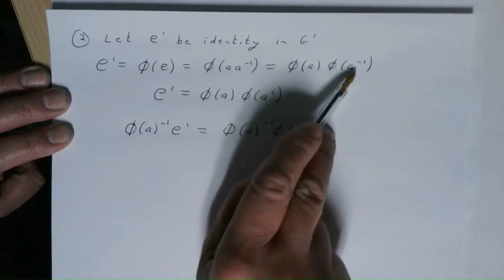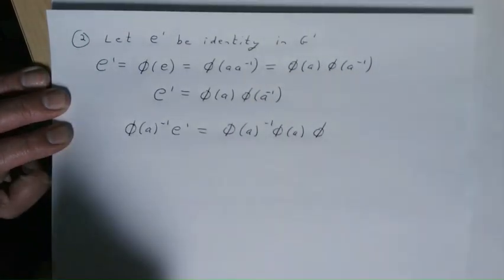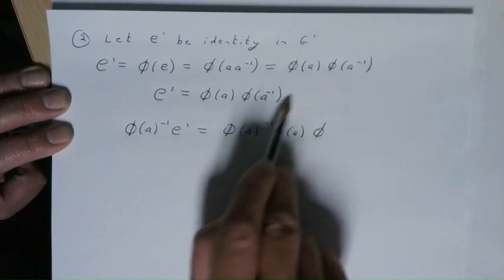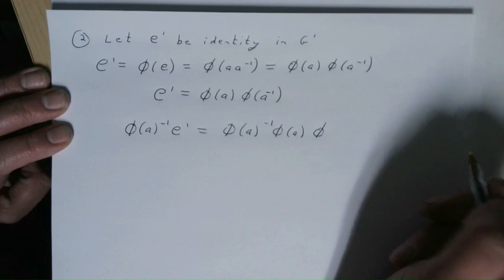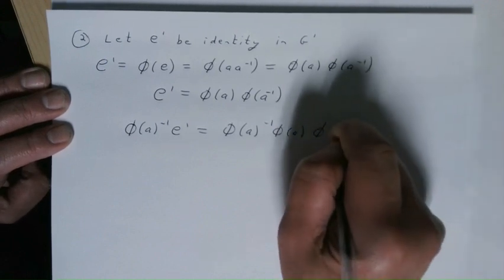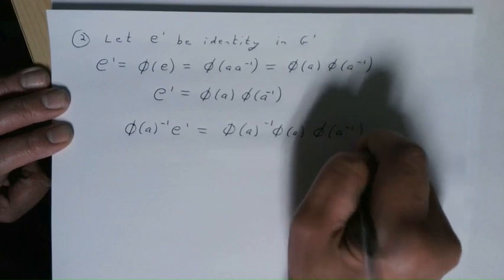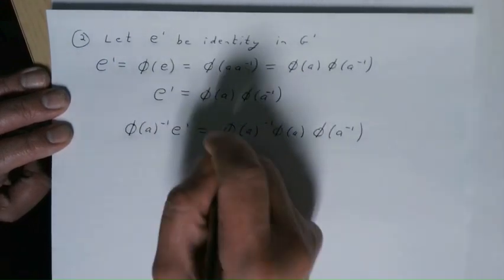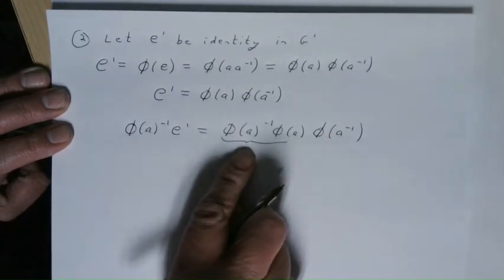Excuse me, I made a mistake right here. This should have a -1 right there. That should be -1. Please fix that. And again, this is going to be phi 1 like this. Again, this, of course, is going to be the identity.